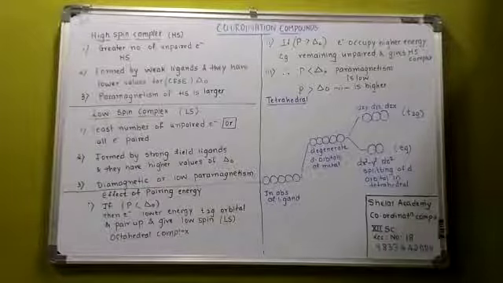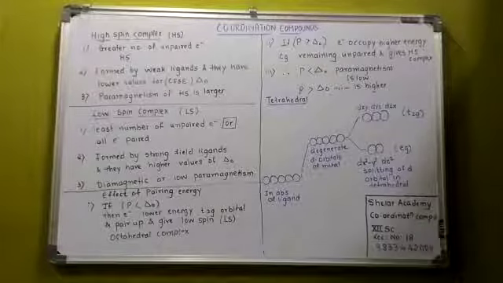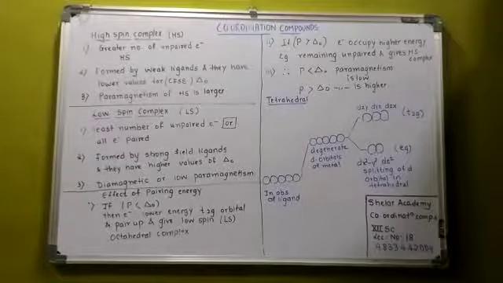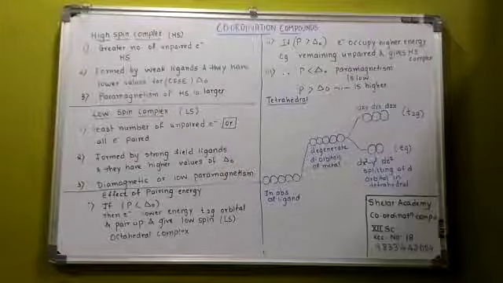In the tetrahedral complex, where are the four ligands placed? They are placed at the four corners of the regular tetrahedron, and the metal is at the center of the tetrahedron. Open your textbook and see it. From the geometry of the complex, it is clear that the ligands approach the central metal atom in between the three coordinate axes.